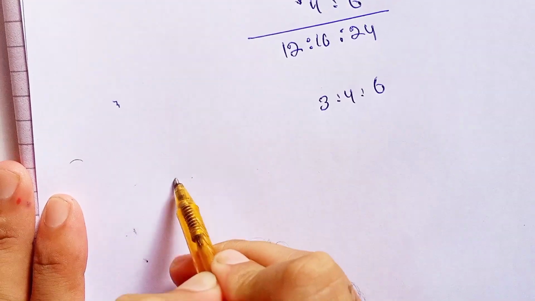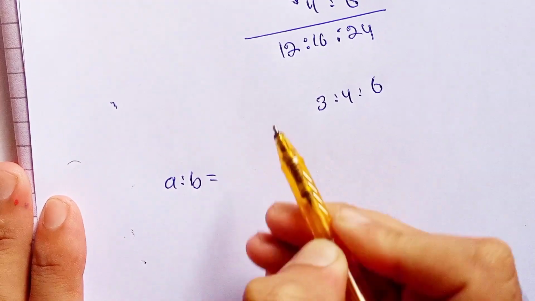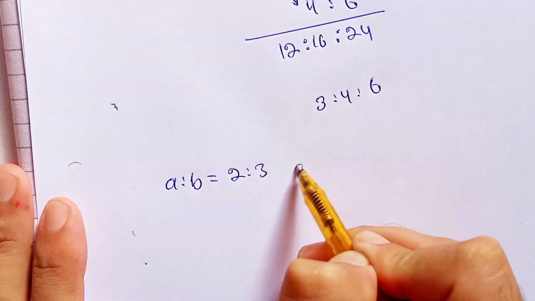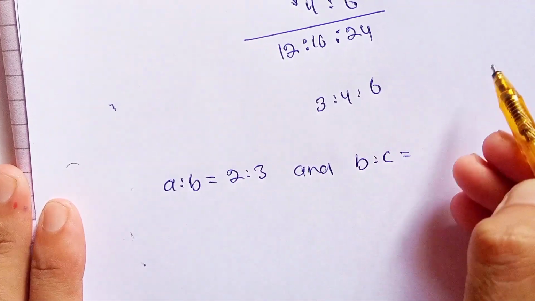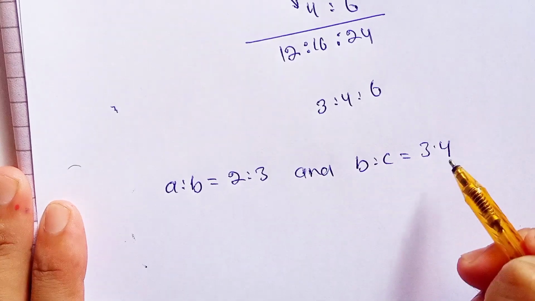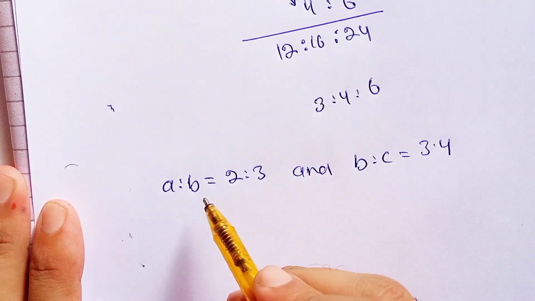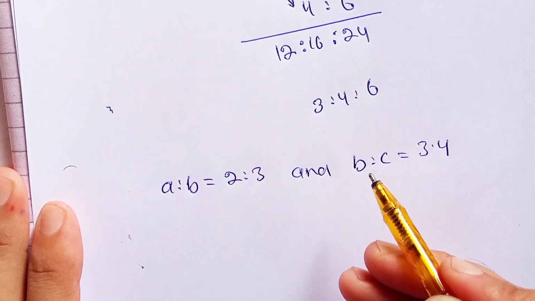We are given A:B equal to 2:3 and B:C equal to 3:4. So we have to find the ratio A:B:C, or the continued ratio.